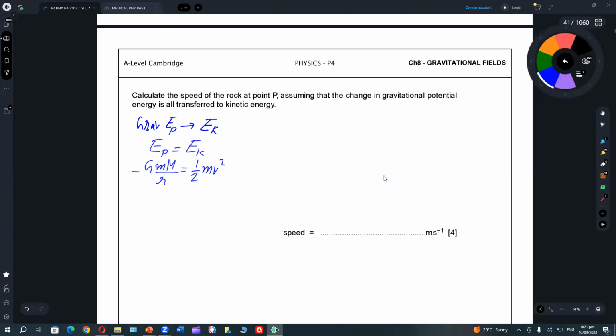Minus sign should be neglected because otherwise we can't take the square root. This is the escape speed derivation. This is another approach. Both approaches are fine.